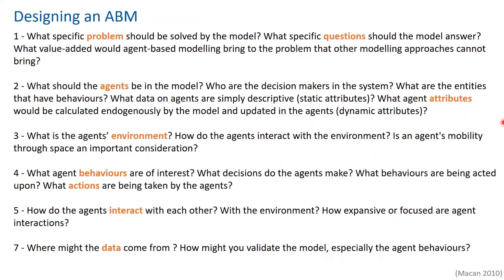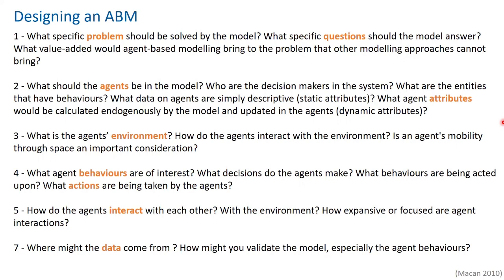First, of course, you specify the problem or the question you want to answer. Then, based on this, you define your agents and their attributes, their decision rules, and what states they can have. Then you define the environment: how is it composed, and how do agents interact with the environment and within the environment.